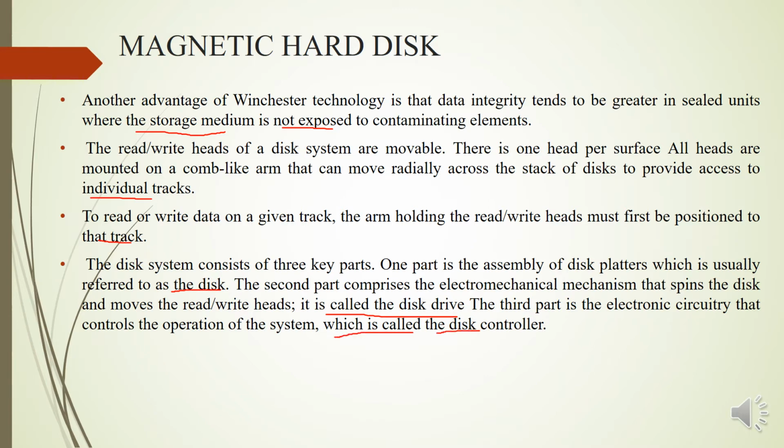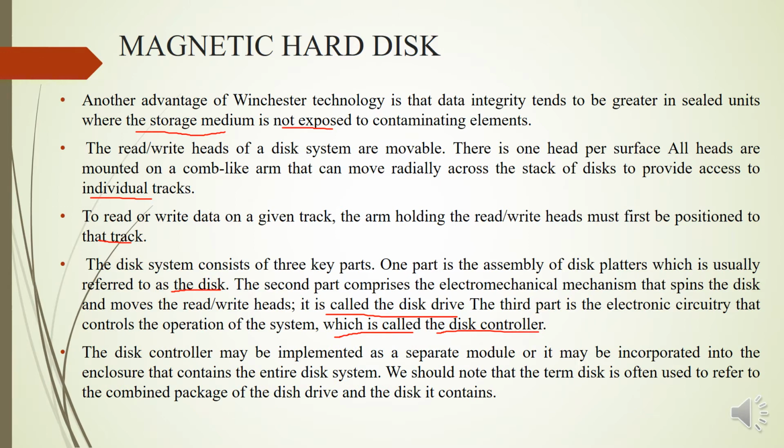The disk controller may be implemented as a separate module, or it may be incorporated into the enclosure that contains the entire disk system. One should note that the term disk is often used to refer to the combined package of the disk drive and the disk that it contains.